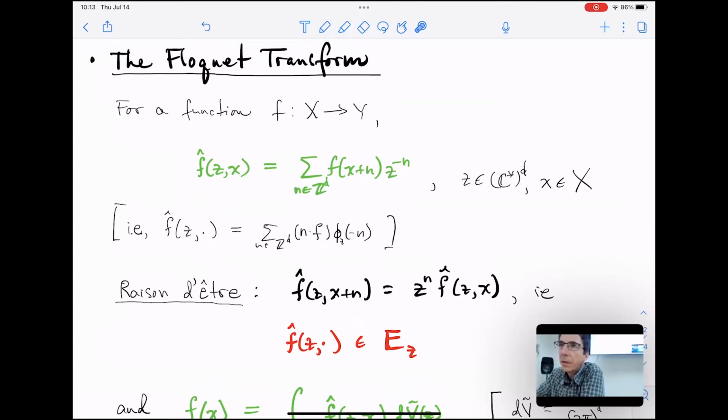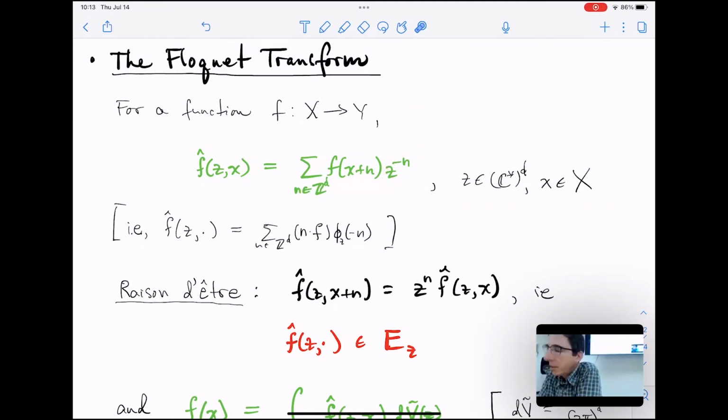And typically, you just use the k rather than the z. I'm using the z because that's the character. And I'm also going to take a point in the orbit. You could take it to be y in a fundamental domain, but you can start at any point in an orbit, and then you're going to translate around that full orbit. So you take f evaluated at every point in that orbit, and you multiply by the character.